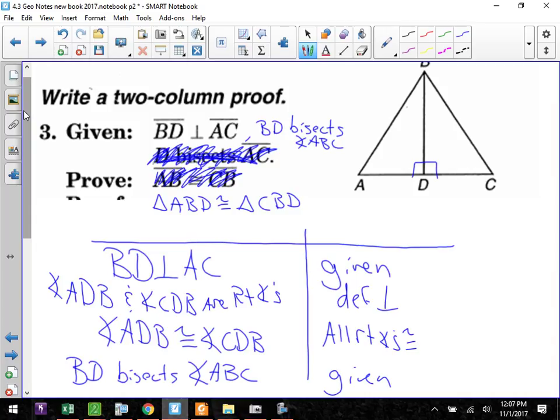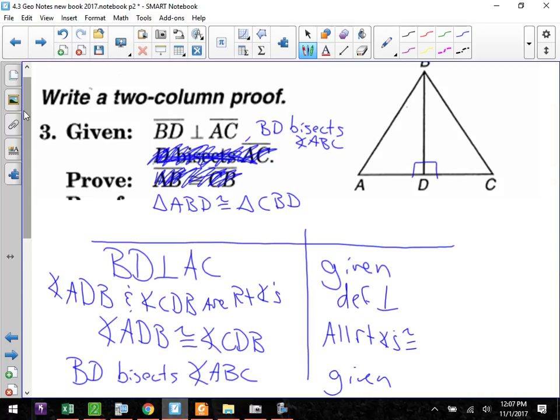What does an angle bisector do? Makes two equal angles. That's an angle and a half. So on your progression sheet, it says to do what then? Angle congruent to angle. Okay.